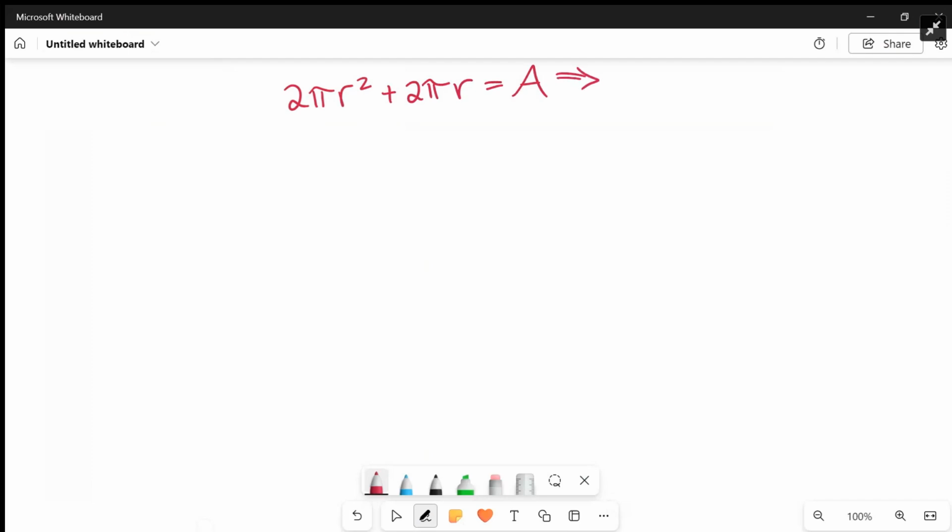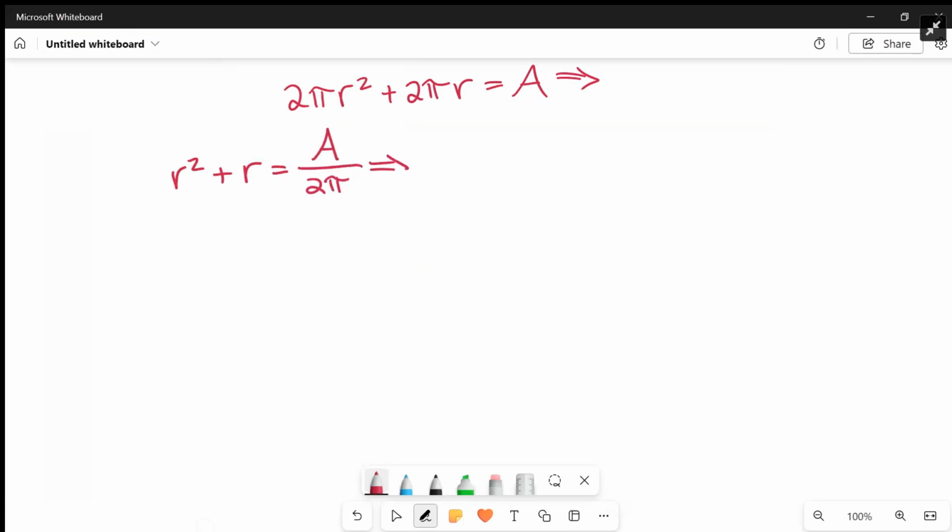While we're not going to go into the derivation of the formula itself, we're going to focus on just solving for r. Where this formula comes from is a whole other lesson. So we'll keep right along here by starting off by dividing each term in our equation by 2 pi. That leaves us with r squared plus r equals a over 2 pi.